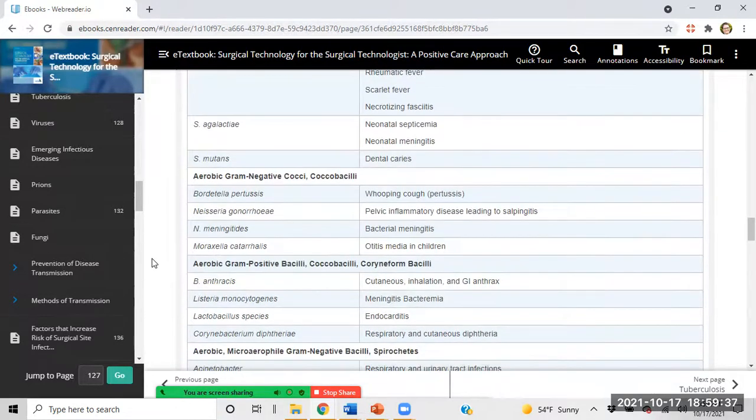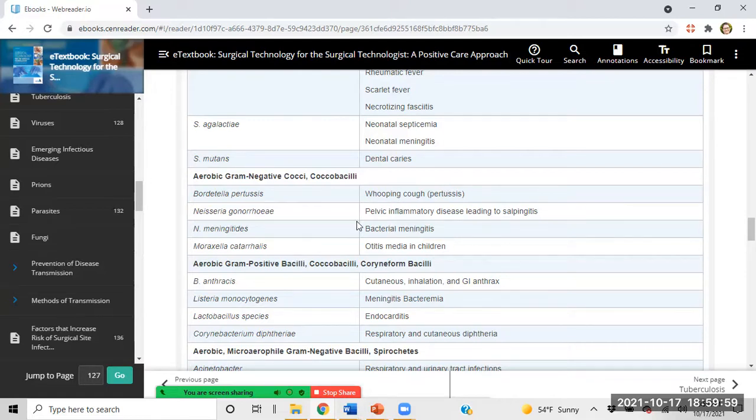And then we have the aerobic. So these are oxygen requiring gram-negative cocci, Bordetella pertussis, Neisseria gonorrhoeae, Neisseria meningitidis, and then Moraxella. And so these you can see are a lot of different childhood diseases as well.